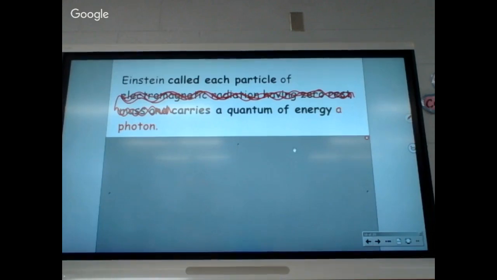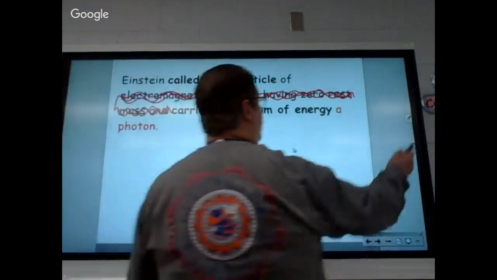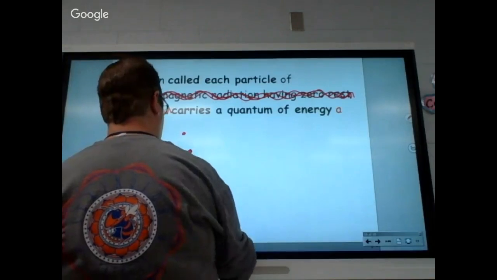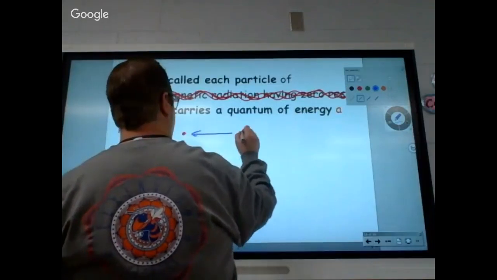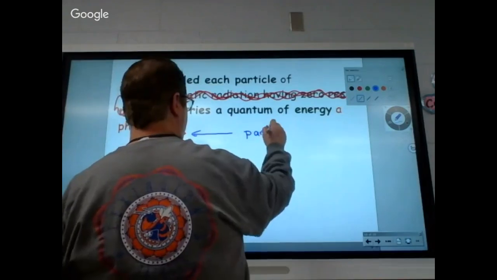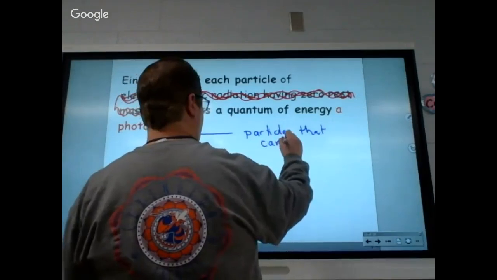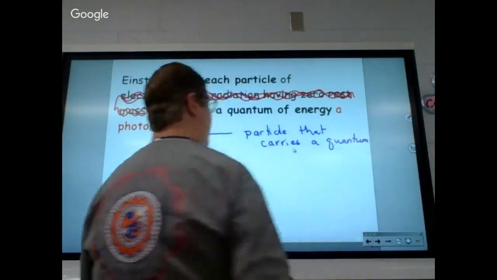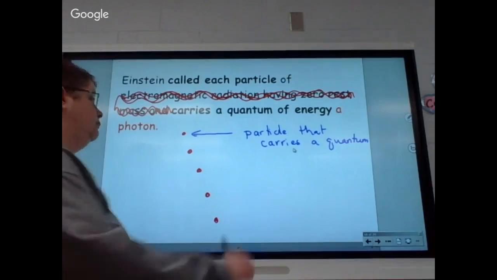A minute ago, when I drew the picture, I said that this was a quantum, or I said it was a particle that carried a quantum of energy. Right? Now I can call it a what? Photon.